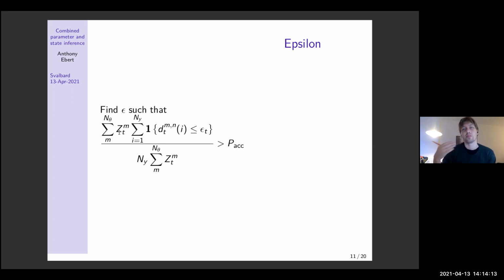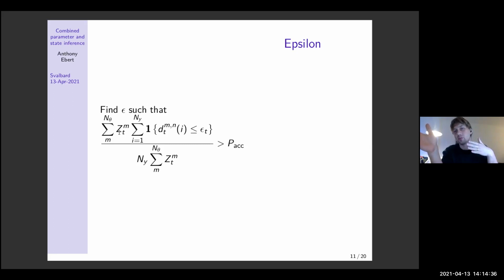Because as you run it, some of the fixed parameter proposals have a lot more weight than the others, and so you don't want to just take all the distances and then say, well, what's the fifth quantile distance?